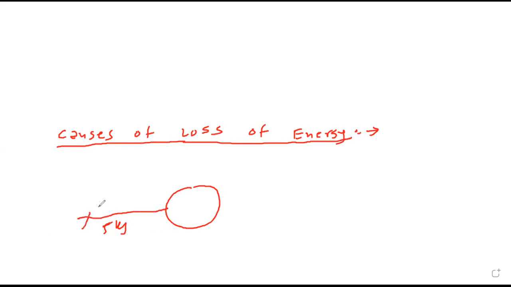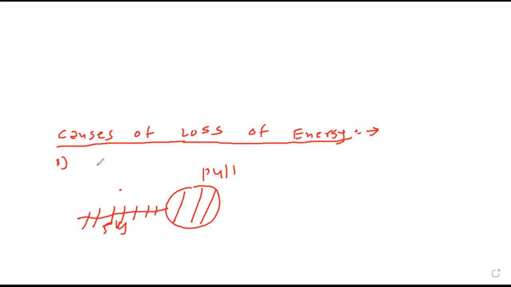So I have to spend my energy to pull this also. Actually, I want to pull only this, but this is also very heavy, so energy goes here too. So I can say the strings are not perfectly elastic. That means they don't elongate, so I have to spend my energy.